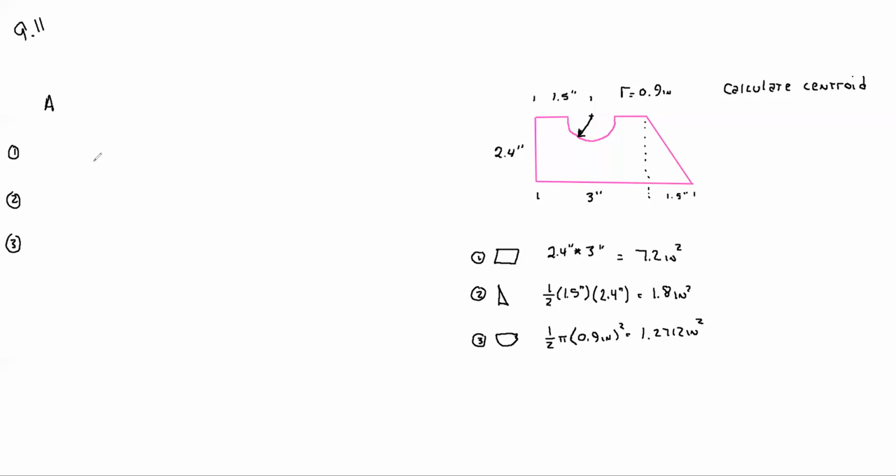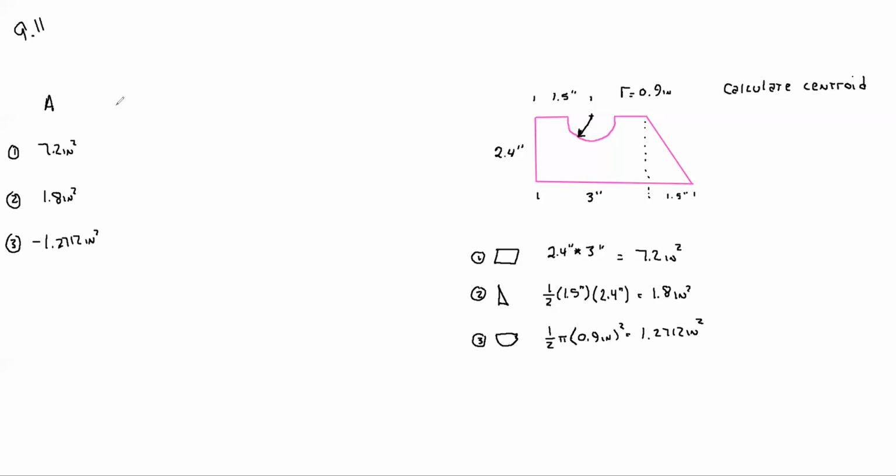Shape 1 is the rectangle, shape 2 is the triangle, shape 3 is the semicircle. Area of shape 1 is 7.2 square inches. We got that a couple seconds ago. 1.8 square inches for the area of the triangle. And I'm going to use negative 1.2717 square inches, the negative being from the subtraction that we have to do.